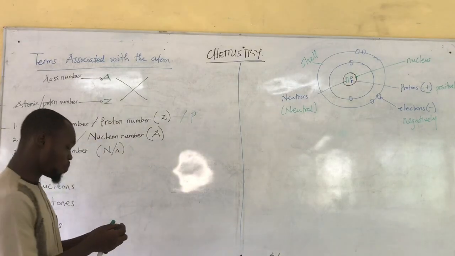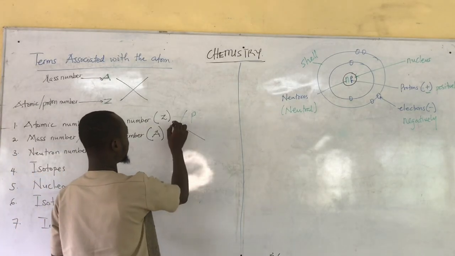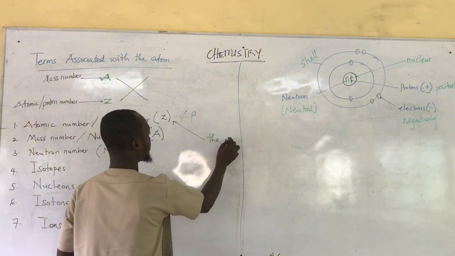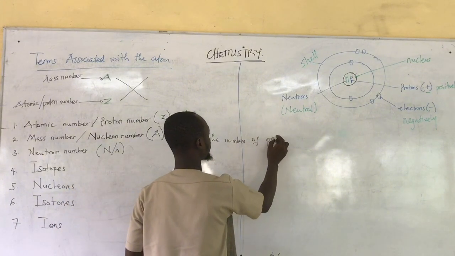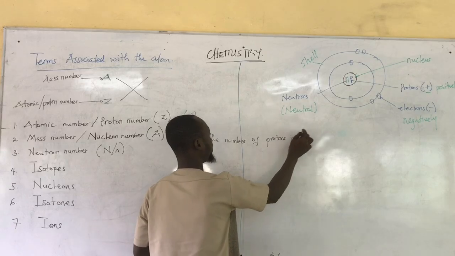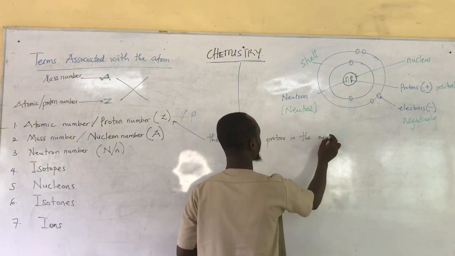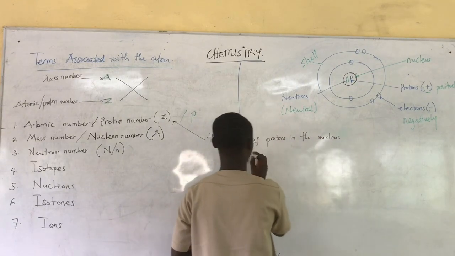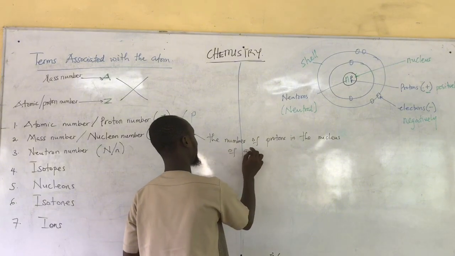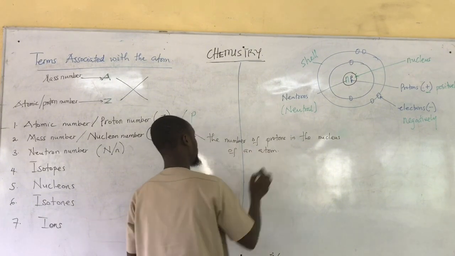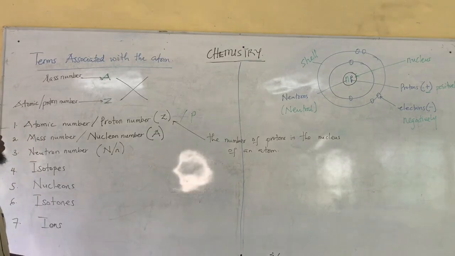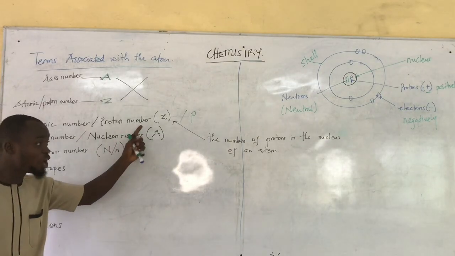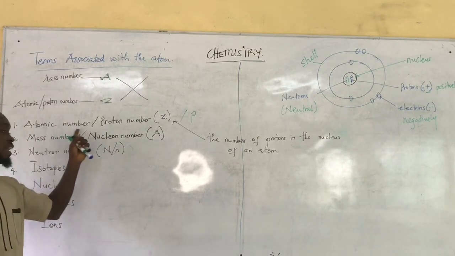The atomic number or proton number is simply the number of protons in the nucleus of an atom. So the number of protons in the nucleus of an atom is known as the proton number or the atomic number.